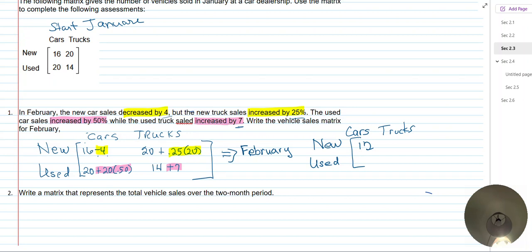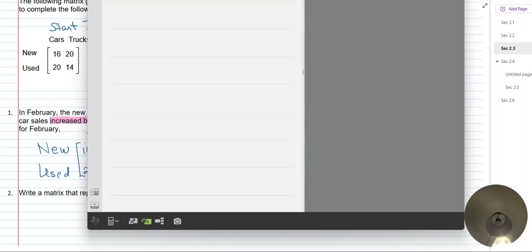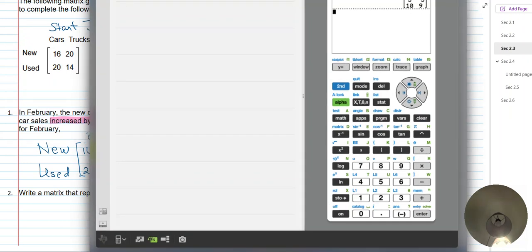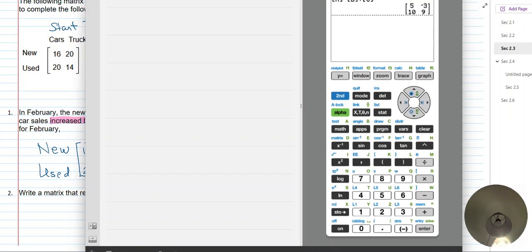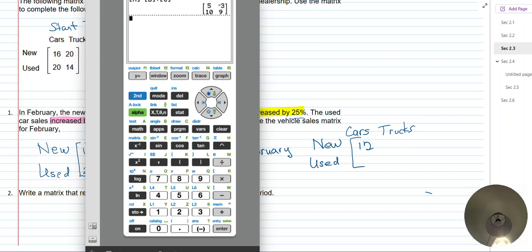And now we're going to use the calculator so you can see the calculator working.